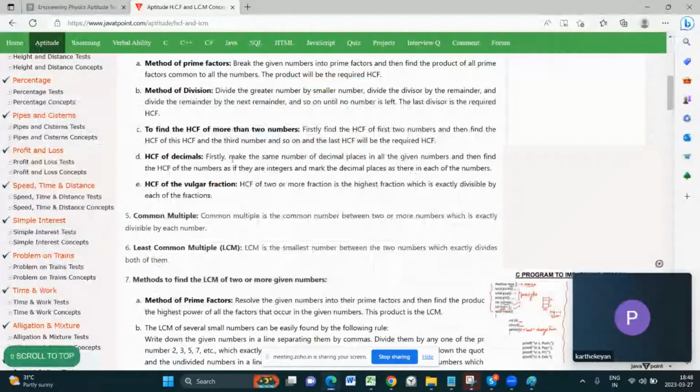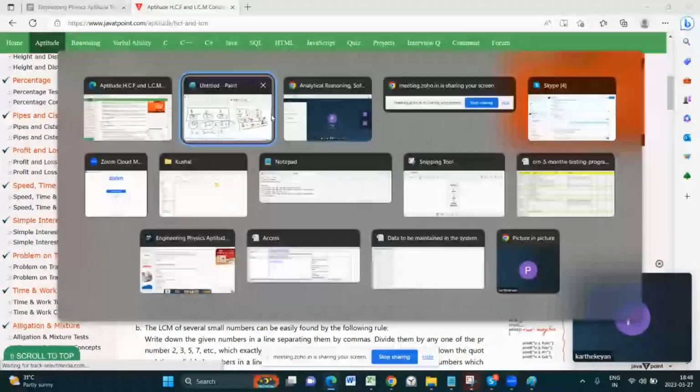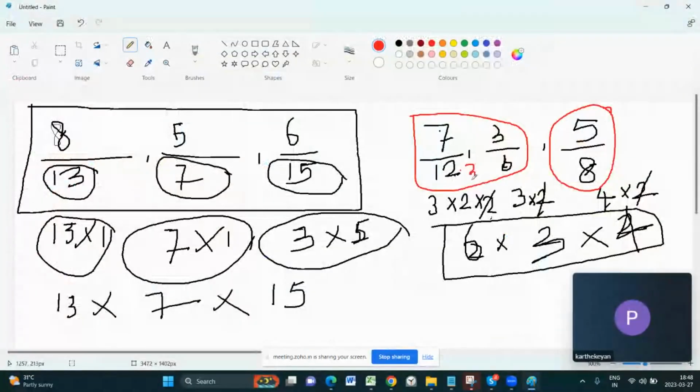If you have decimals, HCF has decimals, you have to consider the decimal places of all the given numbers. For example, you may have 0.3, 0.2, 0.5.